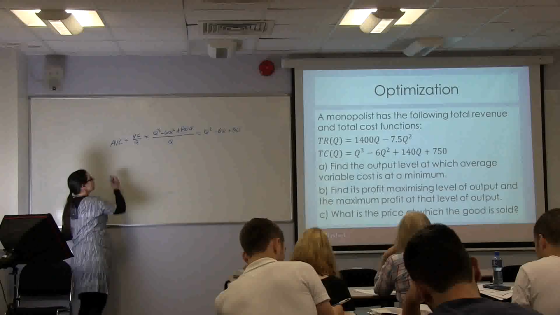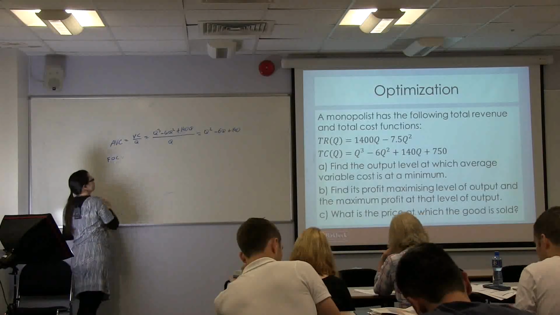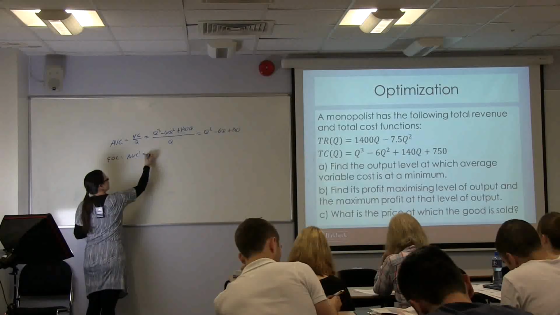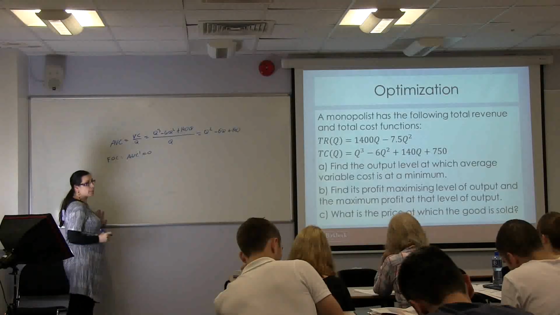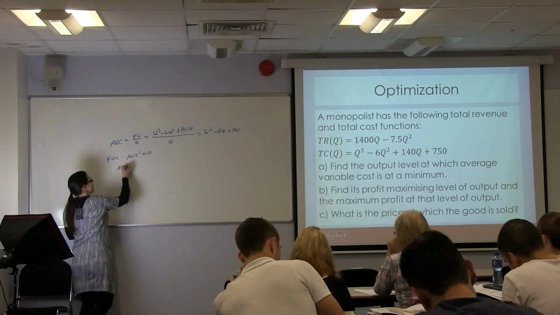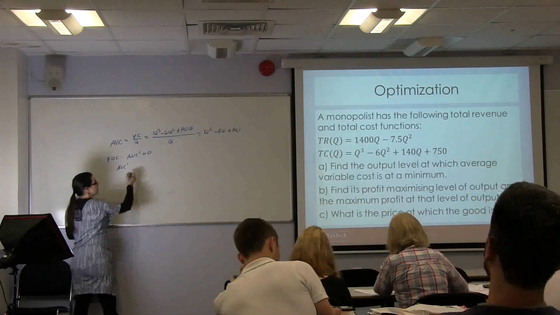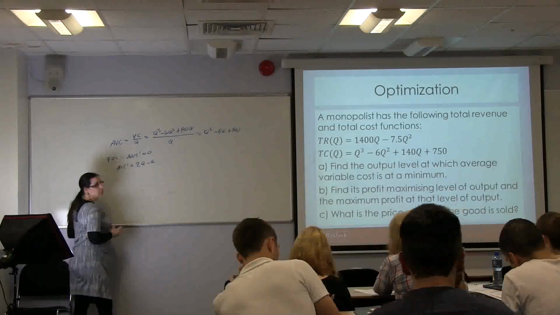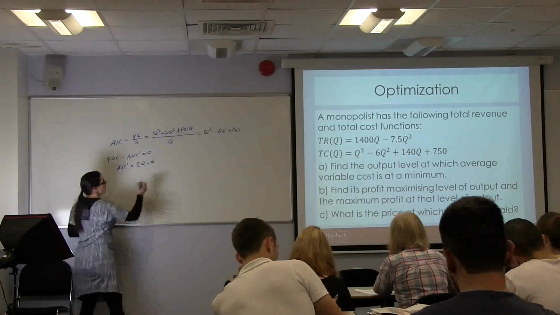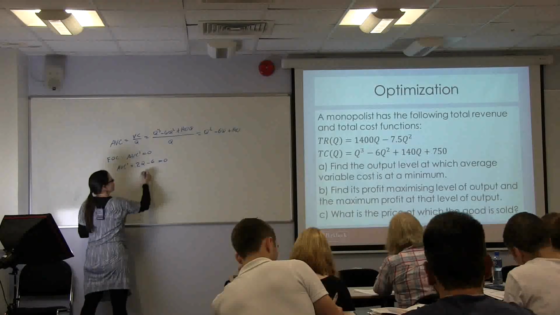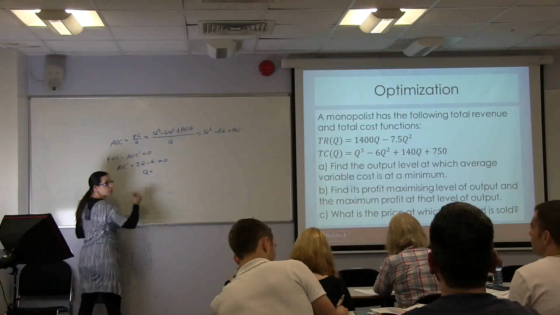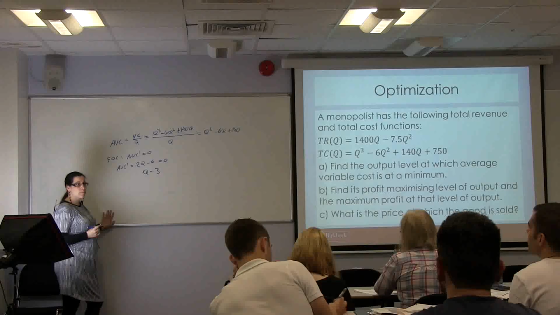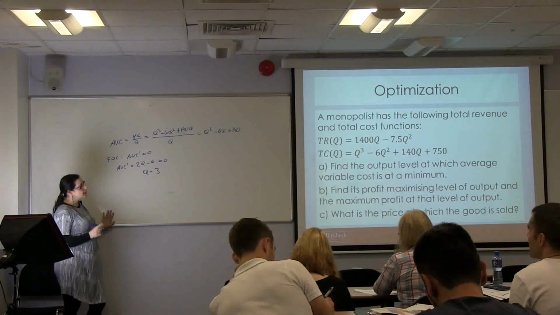So first order condition. Where is the first derivative of my average variable cost equal to 0. The first derivative is 2Q minus 6. Nice and simple function. And that is equal to 0. So Q is equal to 3. I hope everybody sees that. Now, is this a minimum?